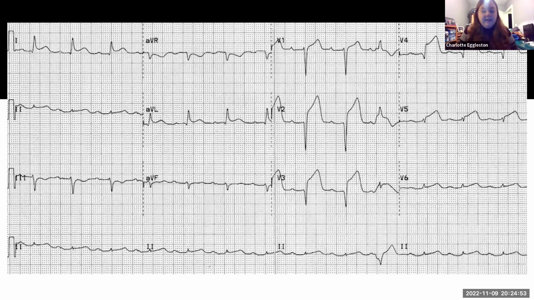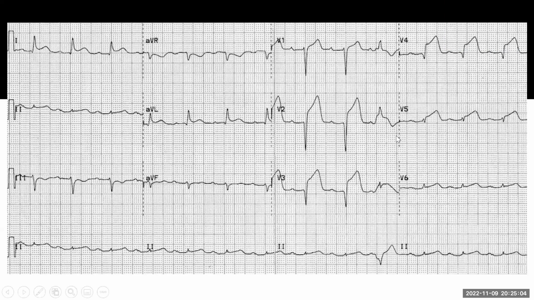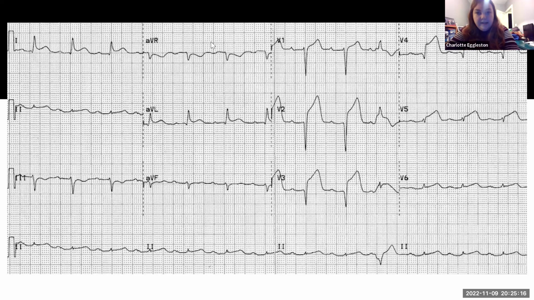More spot the STEMI. Where can we see any problems in this one? ST elevation in lead 1. Yep. And then depression in 3. Any other places that you're worried about?